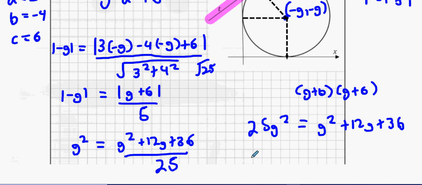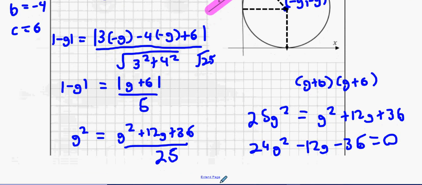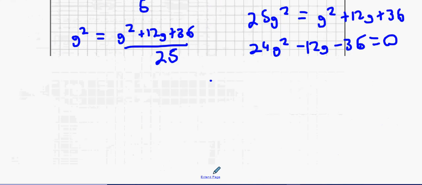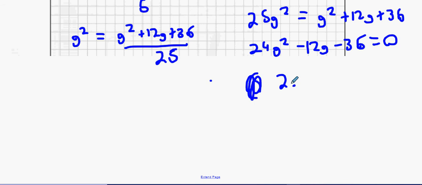Bring it all over one side: 24G squared minus 12G minus 36 equals 0. Remember, G has to be positive because it's in the first quadrant, so just bear that in mind. Divide everything by 12, so we're going to get 2G squared minus G minus 3 equals 0.